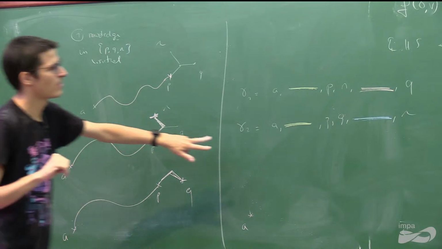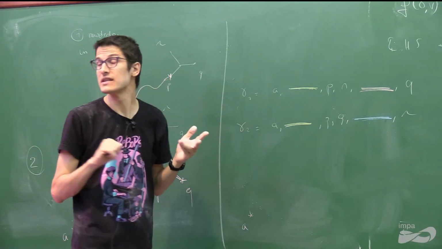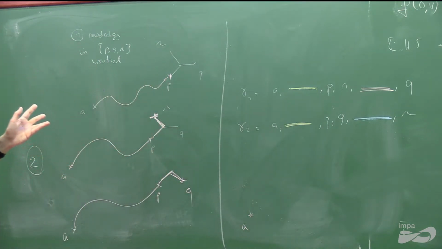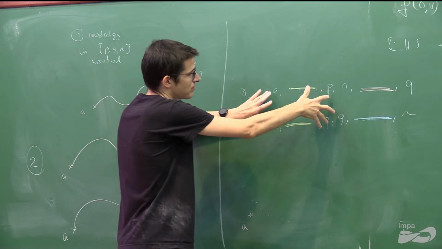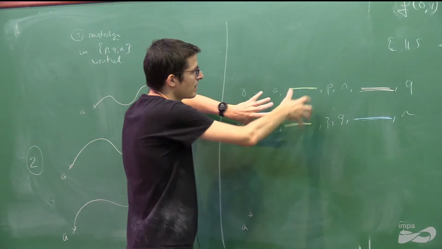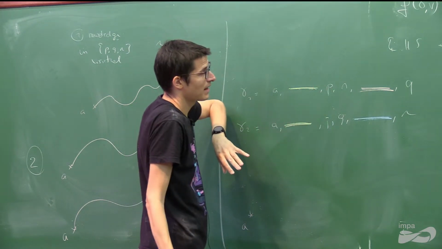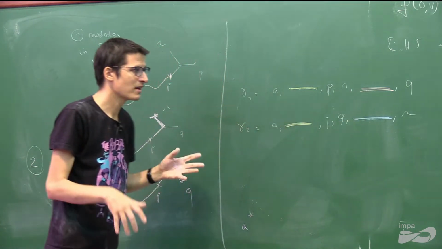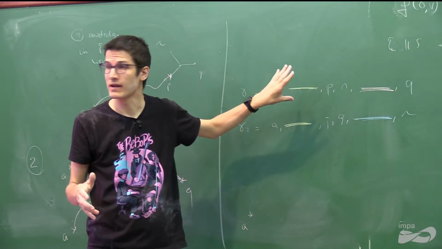Actually, I don't actually need this. What I really use in the reasoning is that the total length is the same, and that the winding numbers between this and this are the same, and that's pretty much it, because here the winding number was forced. But what's important is that this really gives me a pairing.